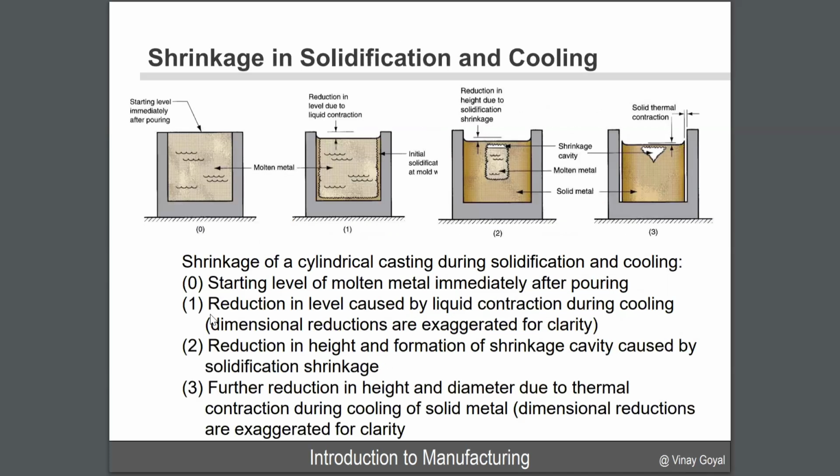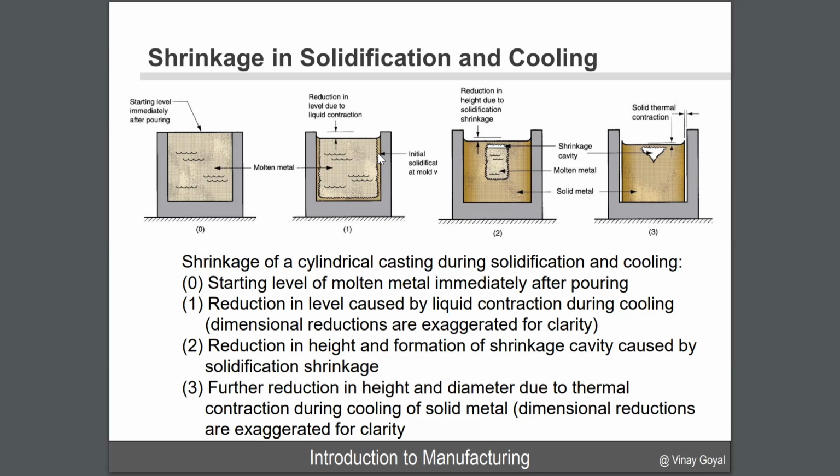Now let's look at the shrinkage in the solidification process and cooling. So when I look at this, here is the immediate level after I pour it, and that's your molten metal. And then here is a reduction level due to the liquid contraction. So basically, once things start to solidify, you're going to have some amount of contraction. You can see here a change in level, but also a change in moving away from the mold.